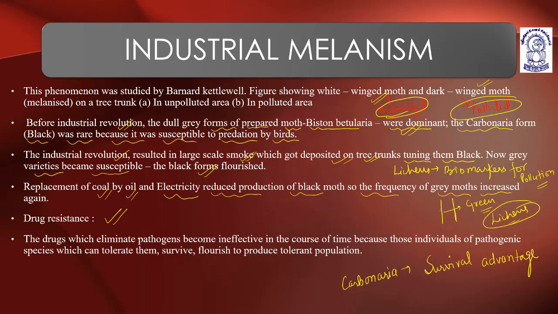The drugs which eliminate pathogens become ineffective in the course of time because those individuals of pathogenic species develop resistance factors. Now they survive and flourish to produce their tolerant population. For example, DDT. DDT was used as an anti-malarial agent.